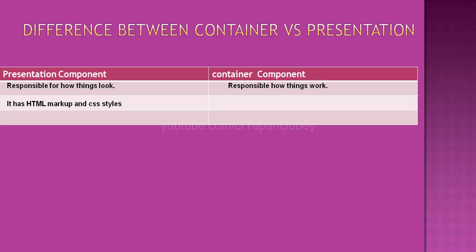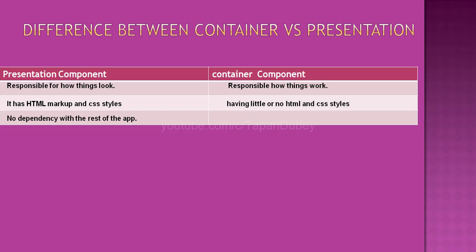The presentation component will have HTML markup and CSS styles, because all that UI part we will work on in the presentation component, and the container component will have little or no HTML and CSS style, because all that form design and grid we are doing in the presentation component.